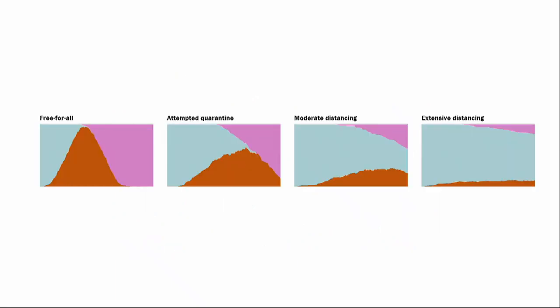So these were simulations that were regenerated every time that you get into the story. They were not videos or pre-made animations, but every time we got similar results. In a world with free-for-all, the curve will be very steep. With a quarantine, it will be lower. With moderate distancing, still lower, and with extensive distancing, lower still.